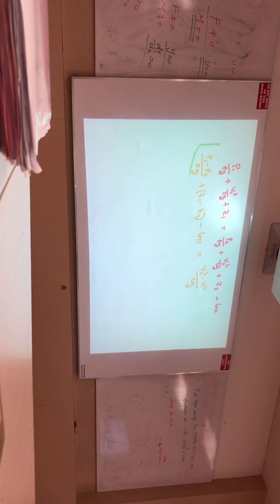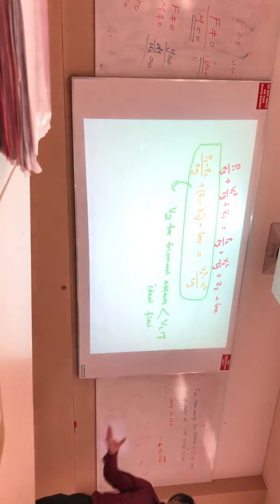If you compare with the previous equation, V2 for frictional effects is lower than V2 of ideal flow. That's all. You have to say something from the equation.